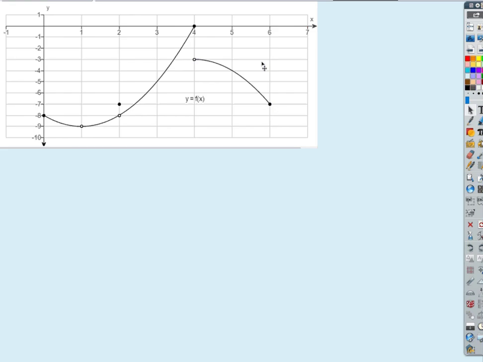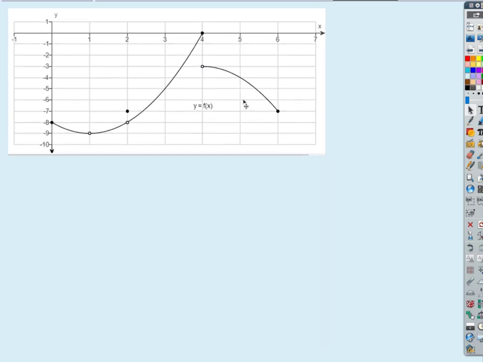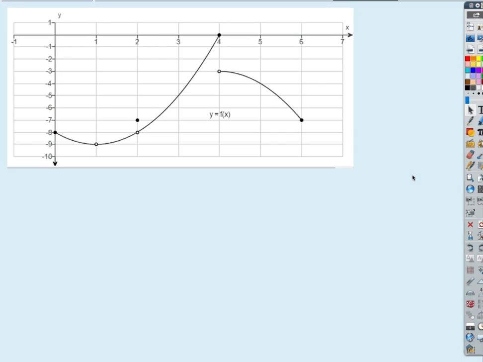So intervals of continuity. This is like number 4 or 5, I think. So what are the intervals of continuity on this? Somebody give me one here. 0 to 1. But if I'm writing this in interval notation, I get 0 to 1, with a bracket, then parentheses.